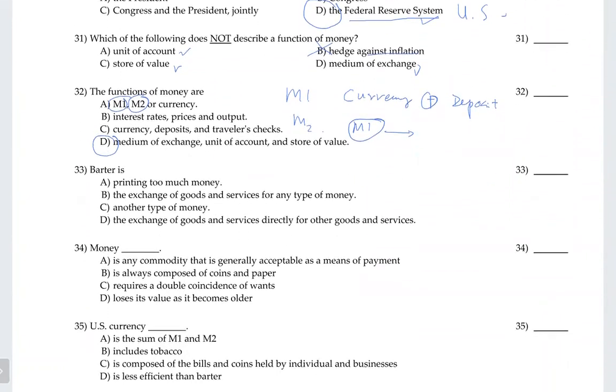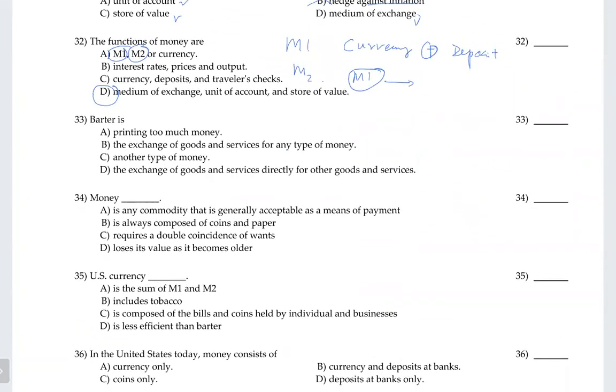33, barter. So what is barter? We talked about that briefly. When we talk about money, barter is essentially we exchange goods for other goods. So that's before we adopt money, all right?